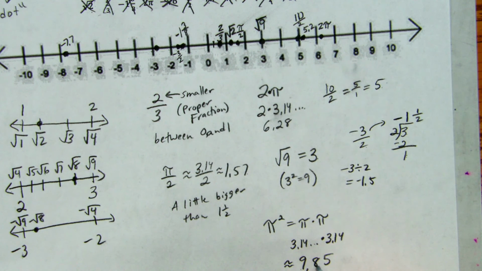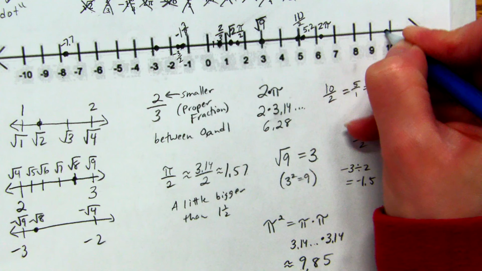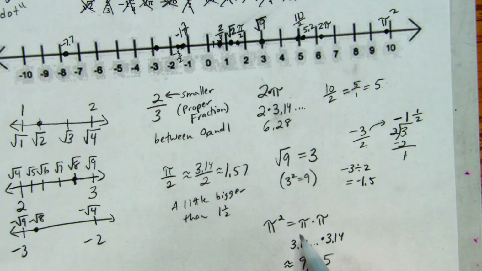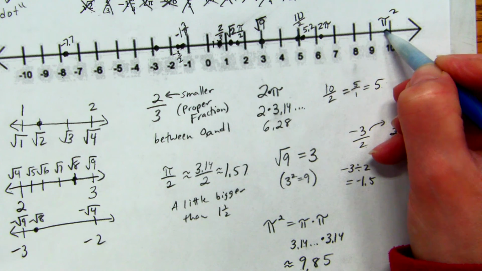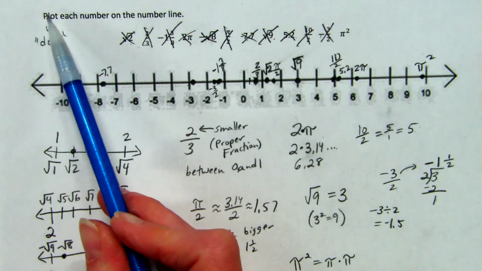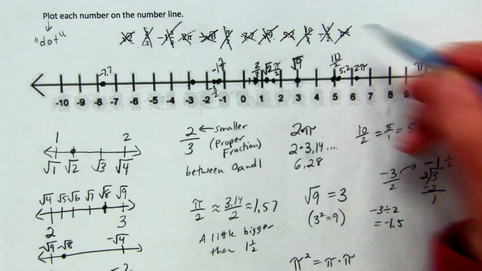So almost 10. It'll be between 9 and 10, but almost 10 would be pi squared. So I did this on my calculator and then figured out where it went. So when it says to plot, you're going to put a dot for each number and figure out about where it goes.